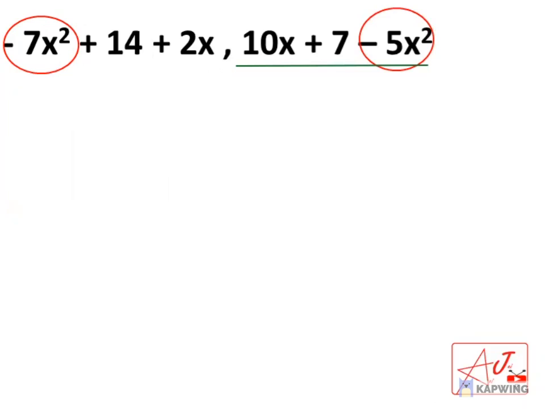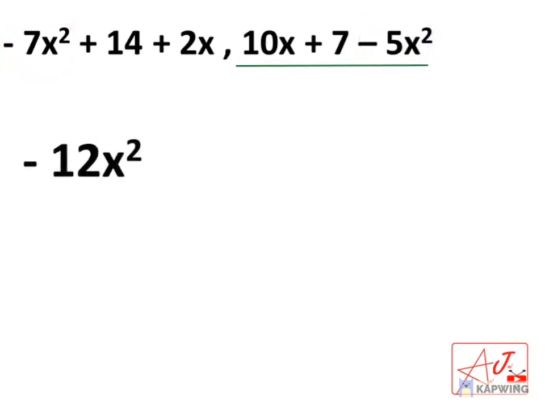Now, observe naman natin yung sign nila. Pares silang negative, ibig sabihin, i-add natin. So, 7 plus 5 is equal to 12. And then, copy natin yung sign nila, at ang sign nila ay negative. And then, copy rin natin yung variable nila, which is x squared. So, pag pinagsama natin si negative 7x squared at si negative 5x squared ay magiging negative 12x squared.